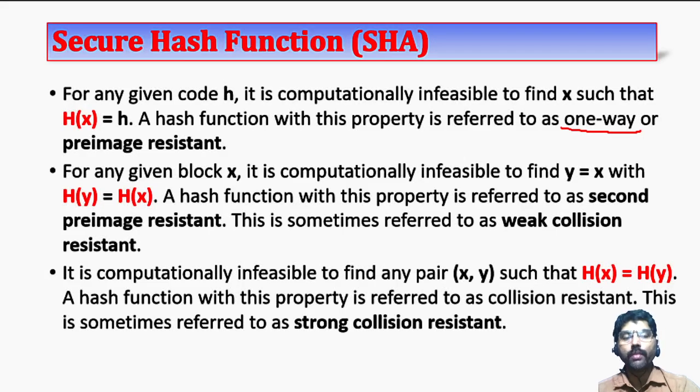The fifth point is, for any given block X, it is computationally infeasible to find Y not equal to X with hash of Y equal to hash of X. A function with this property is referred to as second pre-image resistant. This is sometimes referred to as a weak collision resistant.